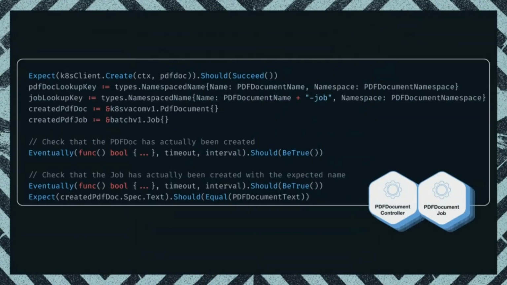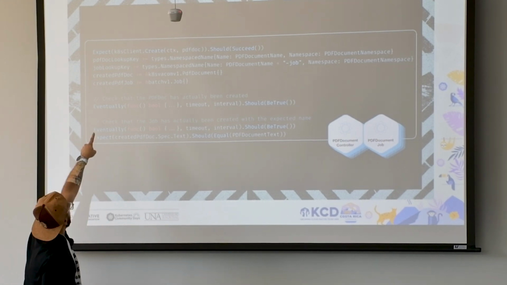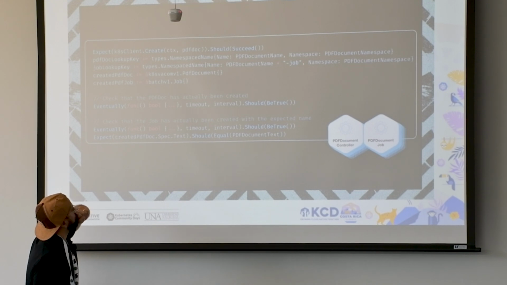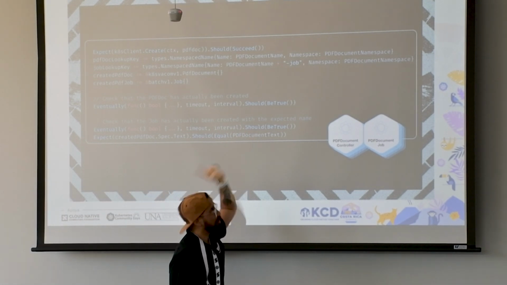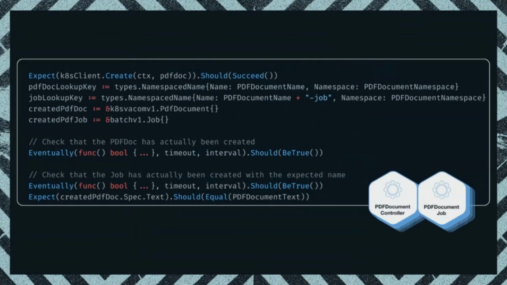Moving past that line, we perform a lookup for the PDF document and a lookup for the job, and you can see another piece of design for the implementation: the name of the job should have a dash job at the end, using the PDF document name that we define from within the PDF doc YAML file, or rather a resource.